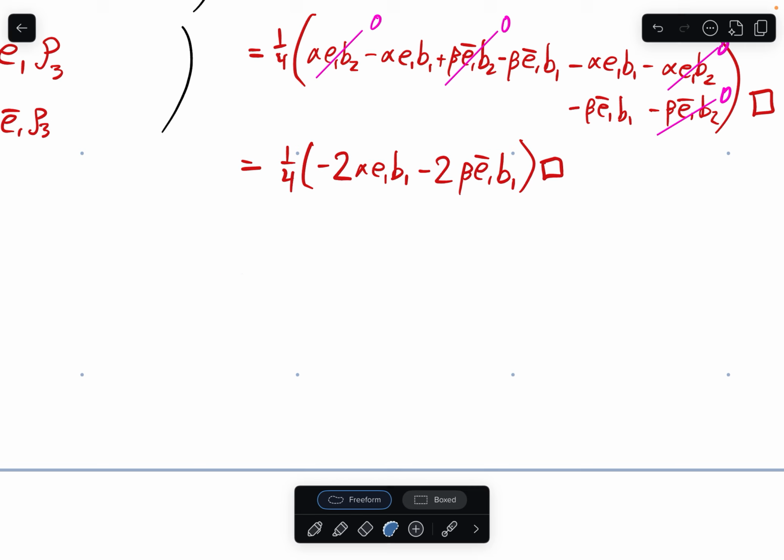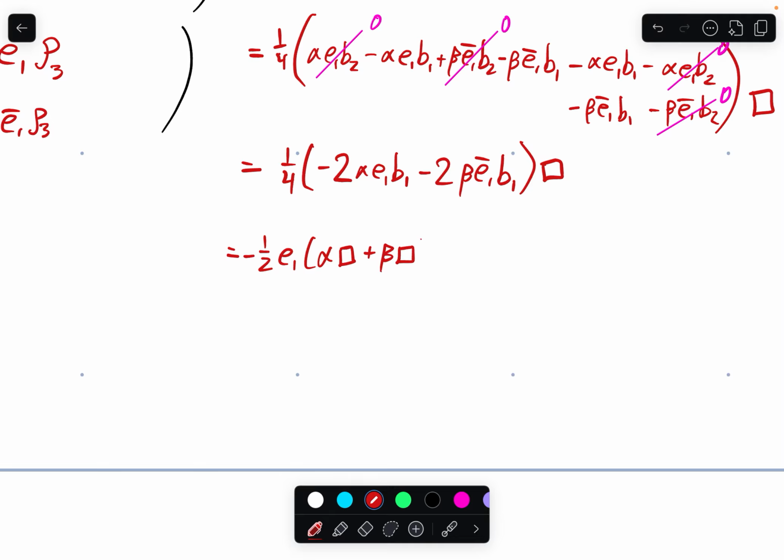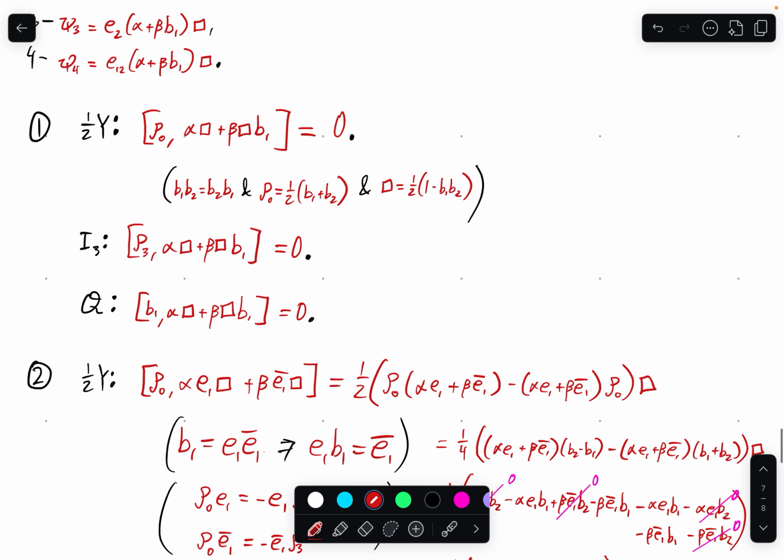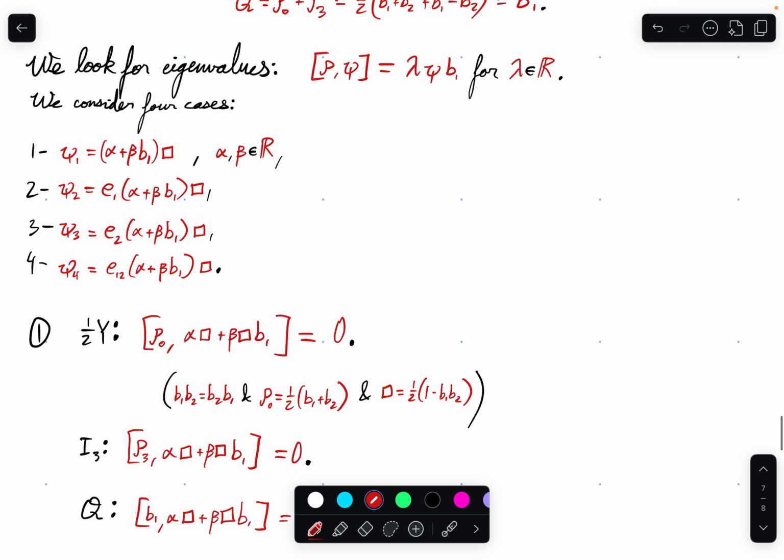Let's put this higher. So 1/2 minus 1/2, and then I can factor the B box back in and factor the E1 back out, so I get E1 alpha box plus beta box B1, or actually, hang on, was it times B1 here?